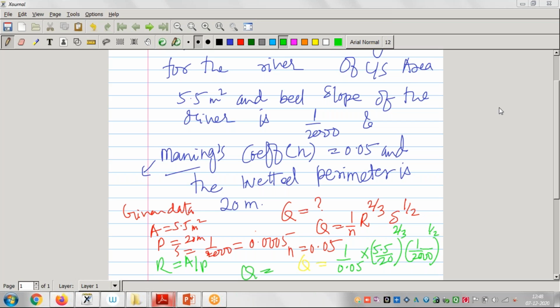So the answer will be around 0.011 meter cube per second. Am I right? You can check the calculation.